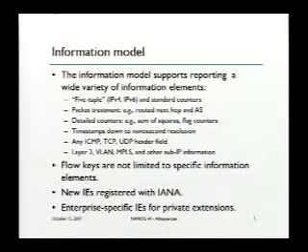The information model is a set of information elements, a set of fields that you can put in these flow records. So most of the usual suspects are here. You've got your 5-tuple for both V4 and V6, the various standard counters, basically total and delta octet and packet counters. All of the various packet treatment stuff you're familiar with from, say, V5 or sFlow. Various detail counters.